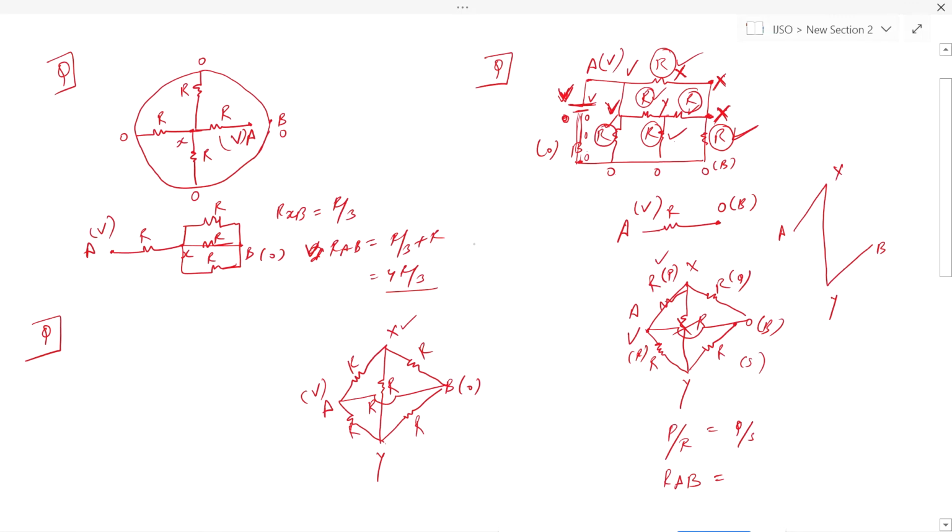Hope the diagram is clear. Yes. Okay. So this is the condition for a balanced Wheatstone bridge. So this has to be removed. So now the diagram will be like this: A, R plus R, 2R.